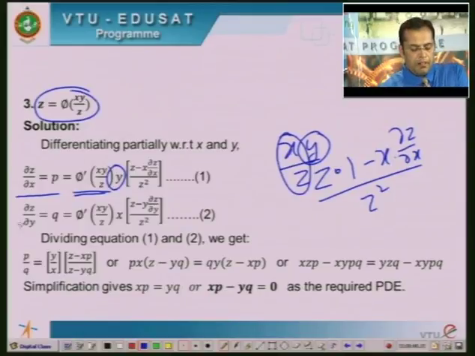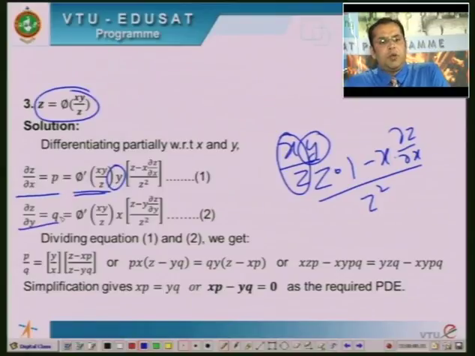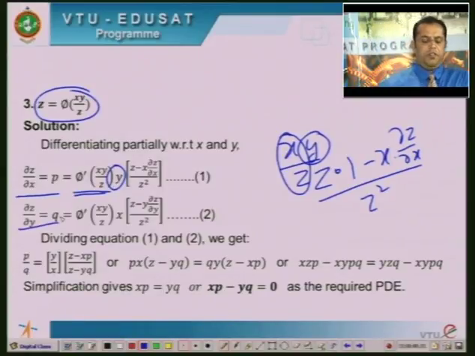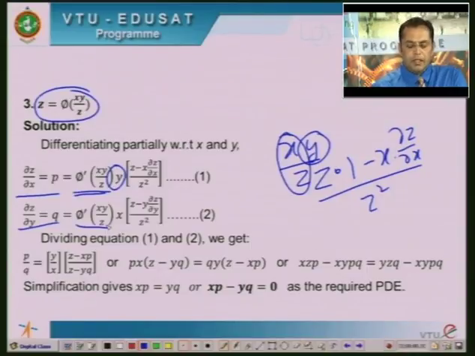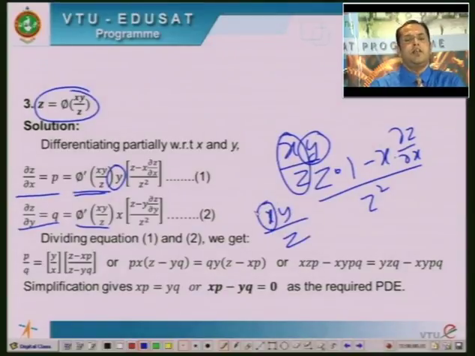Similarly, when you differentiate partially with respect to y, dou z by dou y equal to q will be first phi dash of x y by z, and then x y by z with respect to y will mean x is the constant which is outside. Apply quotient rule for y divided by z.